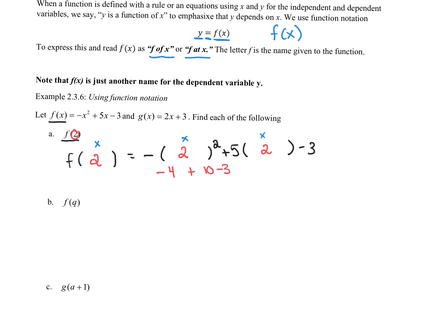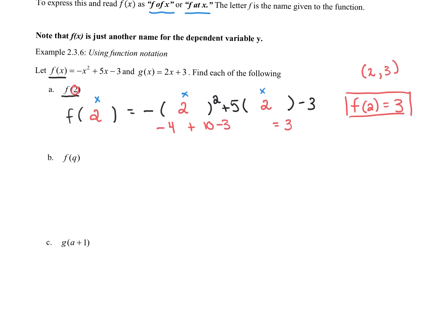Negative 4 plus negative 3 is negative 7, plus 10 more equals a total of 3. So we can write that f of 2 equals 3, or we can say f at 2 equals 3. That results in the ordered pair: I plugged in 2 and I got out 3.